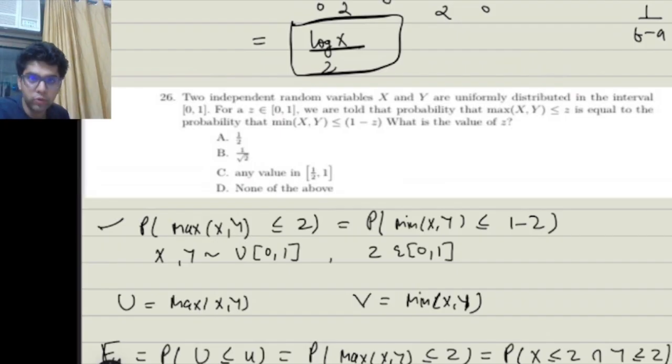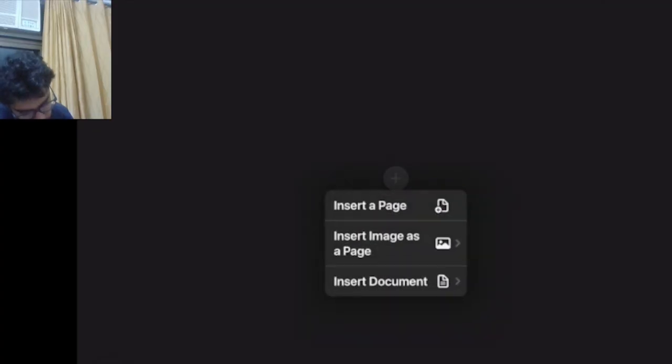Now they are uniformly distributed, right? So let me just move on to the next page. So F of u, which is the probability of u less than or equal to u.